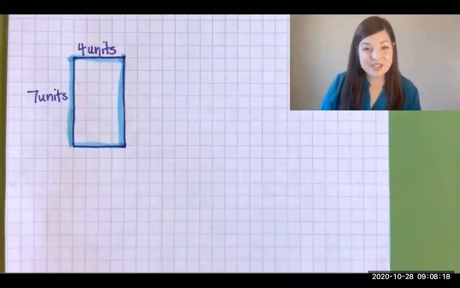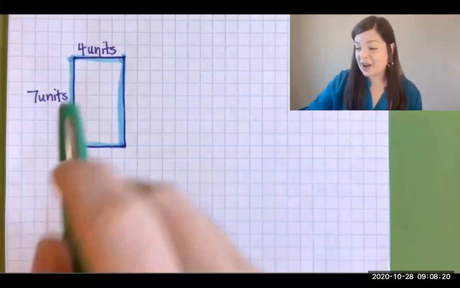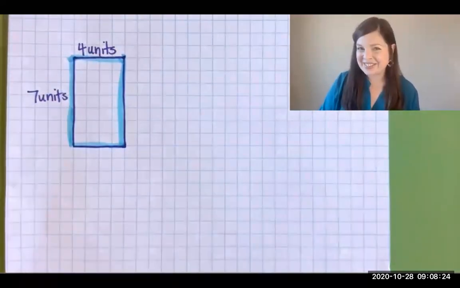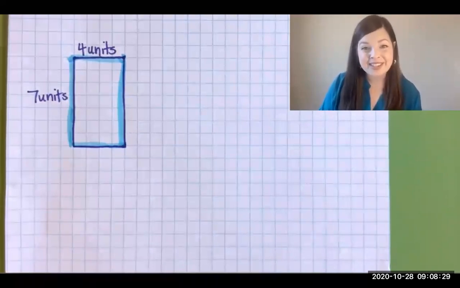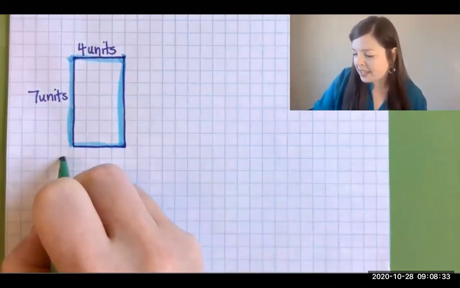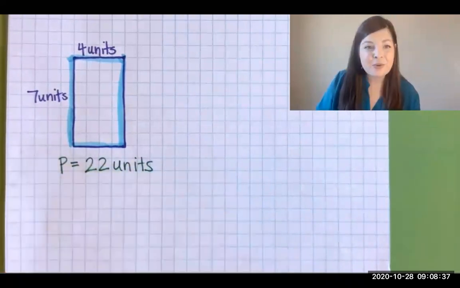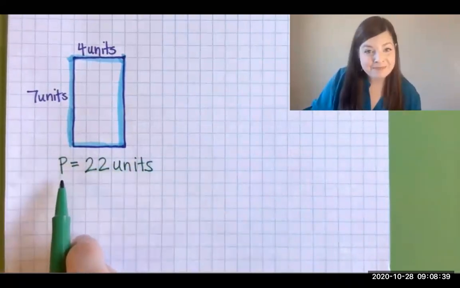Welcome back. So did you find the perimeter by counting all of the units around the rectangle? I did too. I got that the perimeter is 22 units. What did you get? We can write P equals 22 units. And of course, what do you think that P stands for?